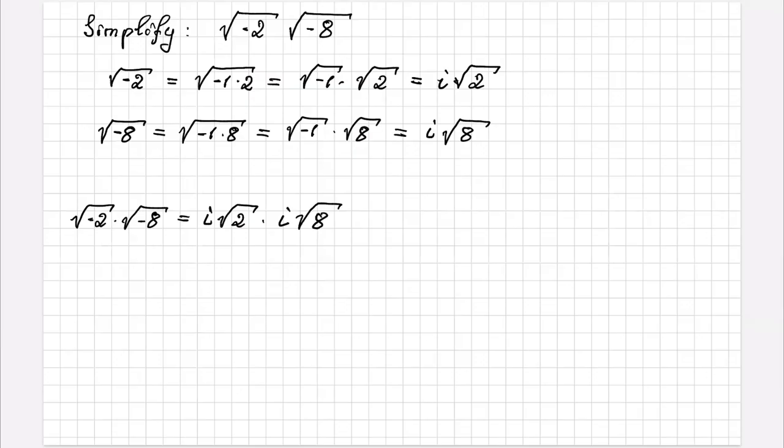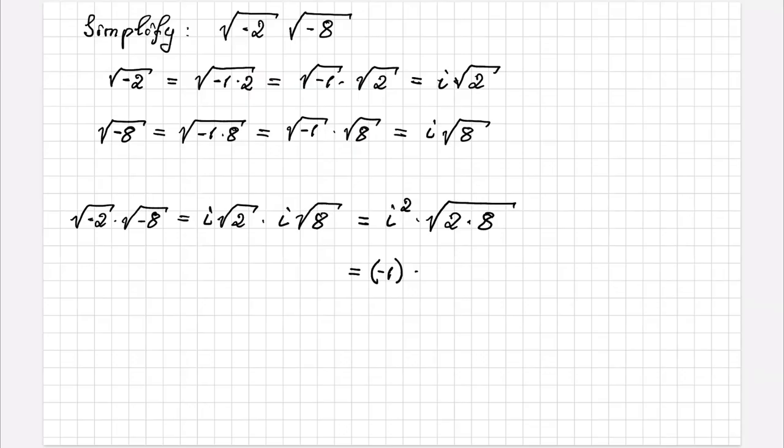Now, multiplying I with I, we get I squared. And then writing the square root of 2 times the square root of 8 under one root, we get the square root of 2 times 8. So let's see, we already know that I squared is going to be negative 1.